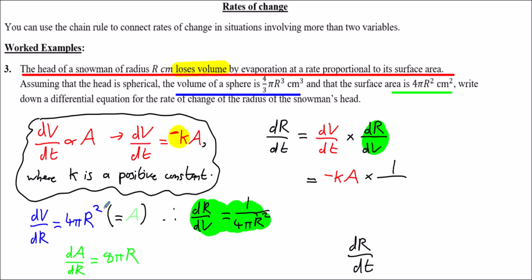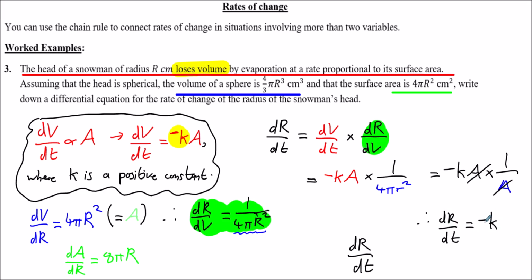But if we just remember that 4 pi R squared is A, we can use this in a moment to simplify further. So that's minus Ka multiplied by 1 over A, because that is the surface area. So therefore, to summarise, these A's will cancel. dr by dt is simply minus K, that constant we introduced early on in the question.